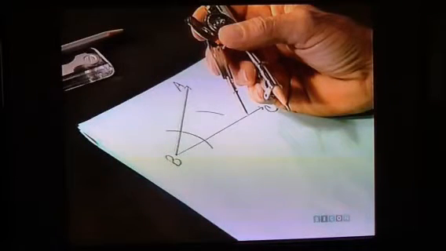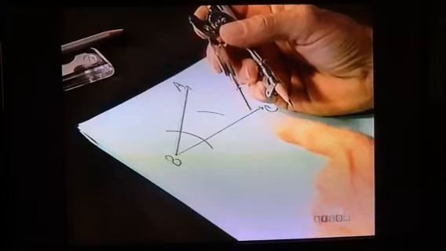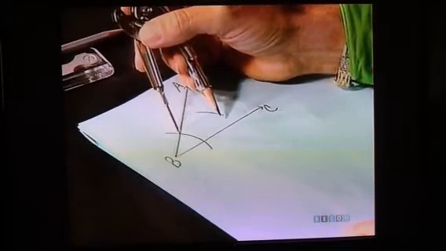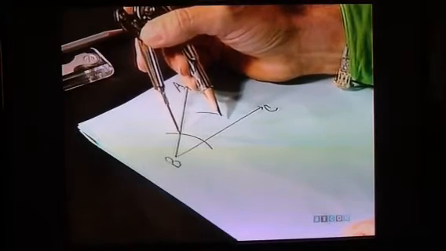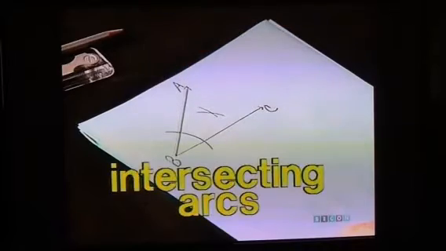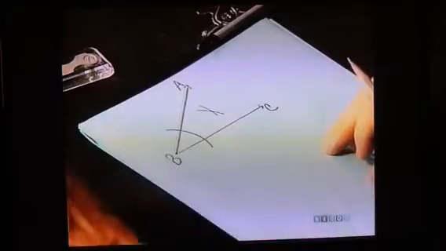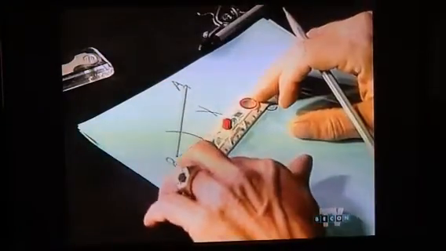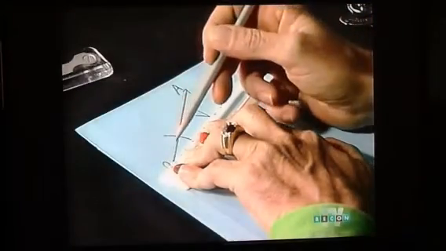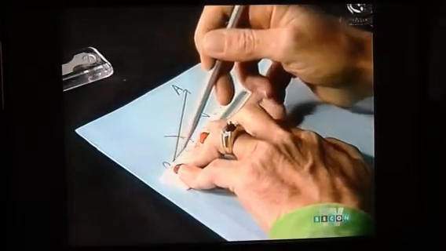Now, without changing the size of the compass, place the sharp point of the compass on the other ray where the arc touches it and make another arc between the rays. All right, you have intersecting arcs. Now take your straight edge and line up the vertex and the intersecting arcs. Don't let your straight edge move. That's it, good. Now, construct a line that connects the vertex and the intersecting arcs.